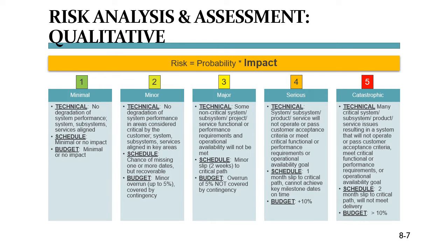The first one, technical, is clearly about scope and quality. The second and the third ones are schedule and budget. In other words, this taxonomy for impact helps you consider the impact of the risk on the triple constraints of your project. And we know that the fun stops when schedule, budget, or scope and quality are in jeopardy, right?